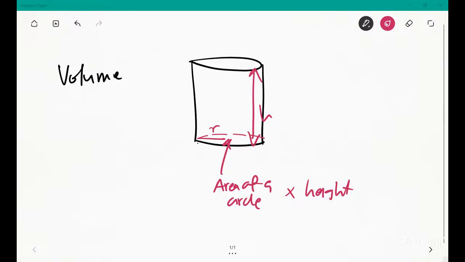You're asking whether the paper gives you the equation. No, they don't give you the equation in your O-level paper. So that's why you have to memorize the equation.